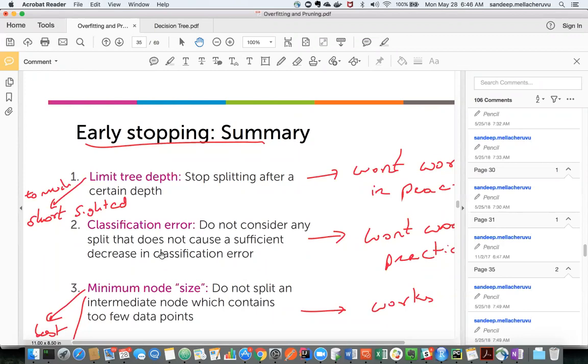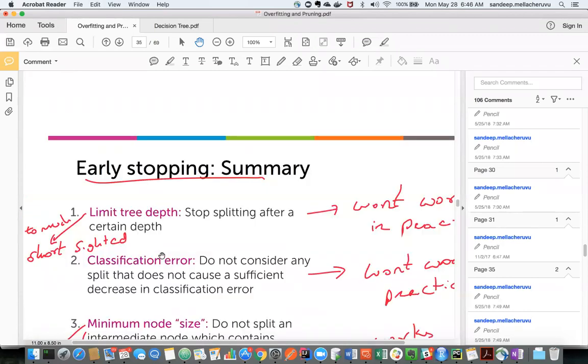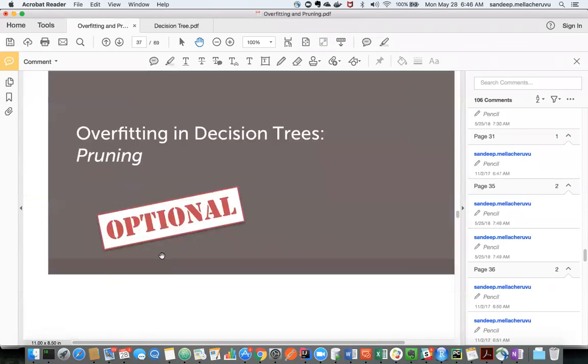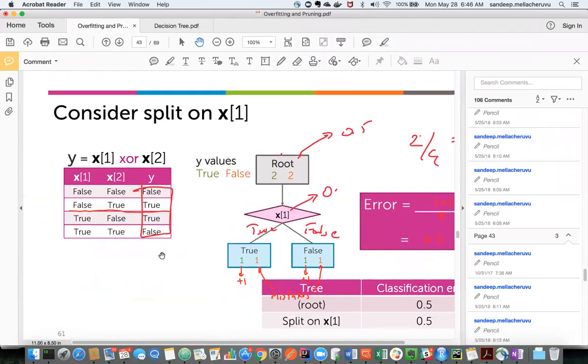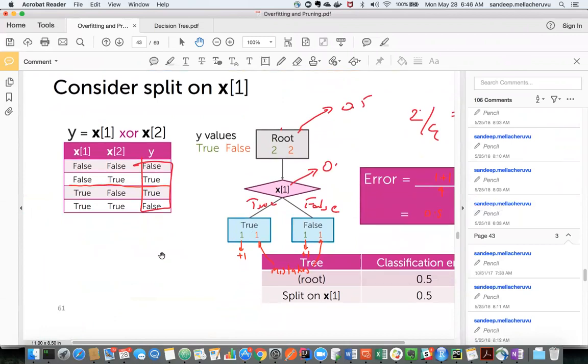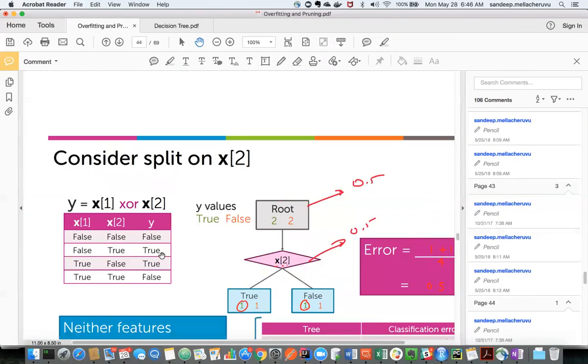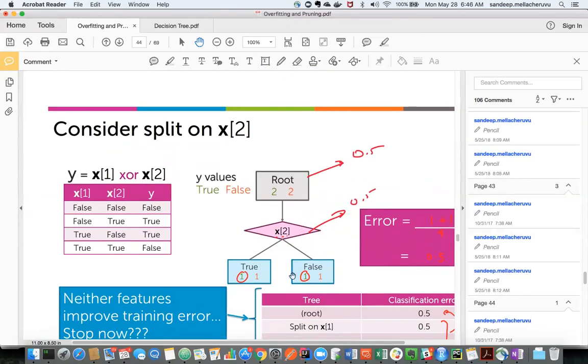But we went through an example where stopping at some depth is too short-sighted, because if we stop this tree at depth equal to 1, the classification error is going to be 0.5.